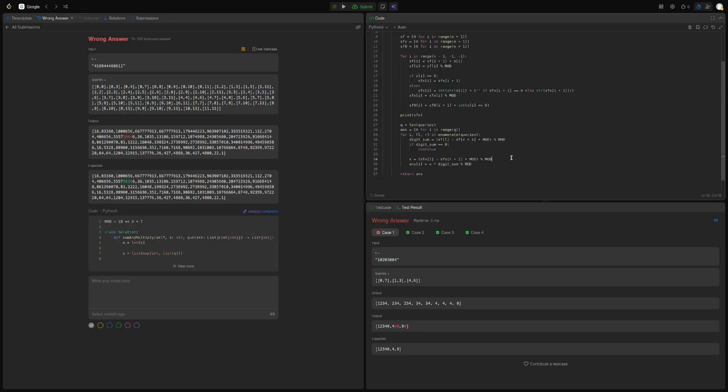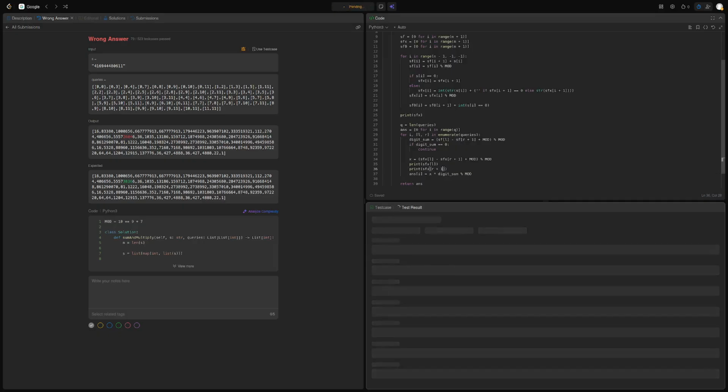So what are we working with here? If print suffix l, print suffix r plus 1, maybe.